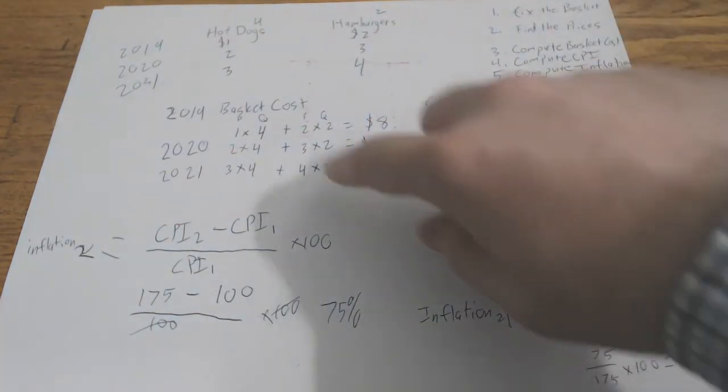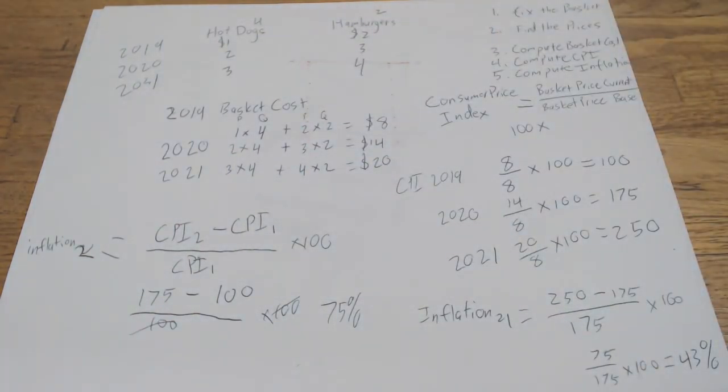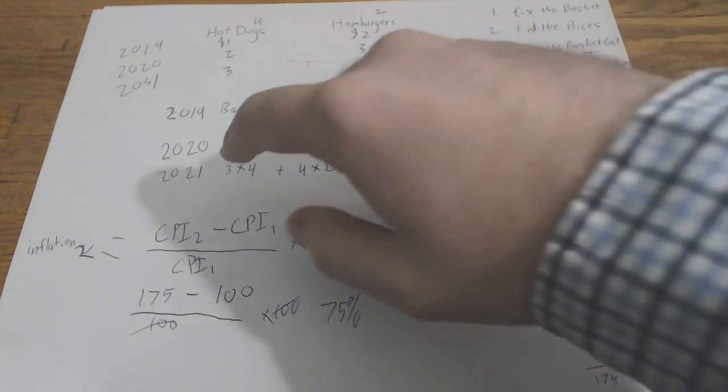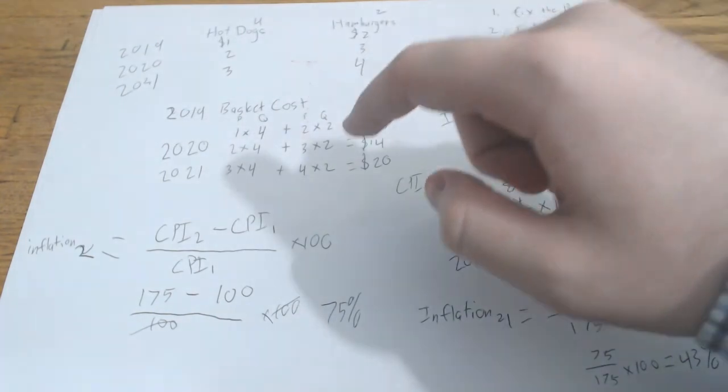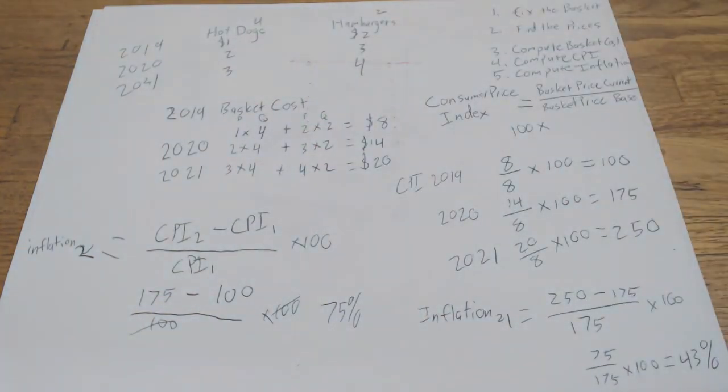They're cheaper. It's $4, not $20, and I can still fill myself up, but I don't have to pay the $20 price tag for hot dogs. I'm substituting the hamburger for the hot dog because it got too expensive. Well, this is what we call substitution bias.